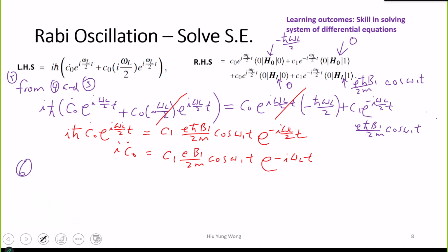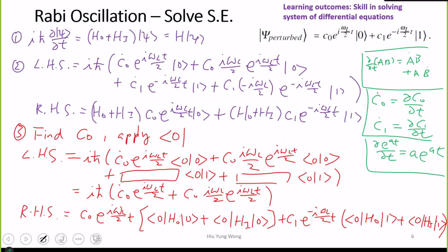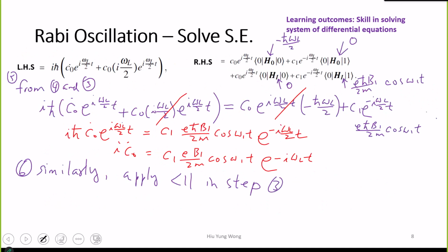So similarly, this is something you need to try yourself in your assignment. I can apply this in step 4. Then what will I get?